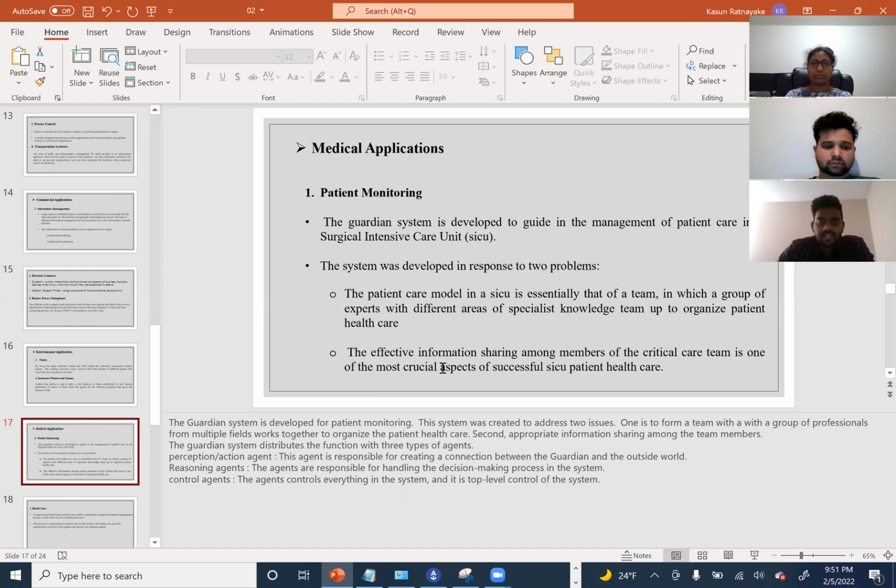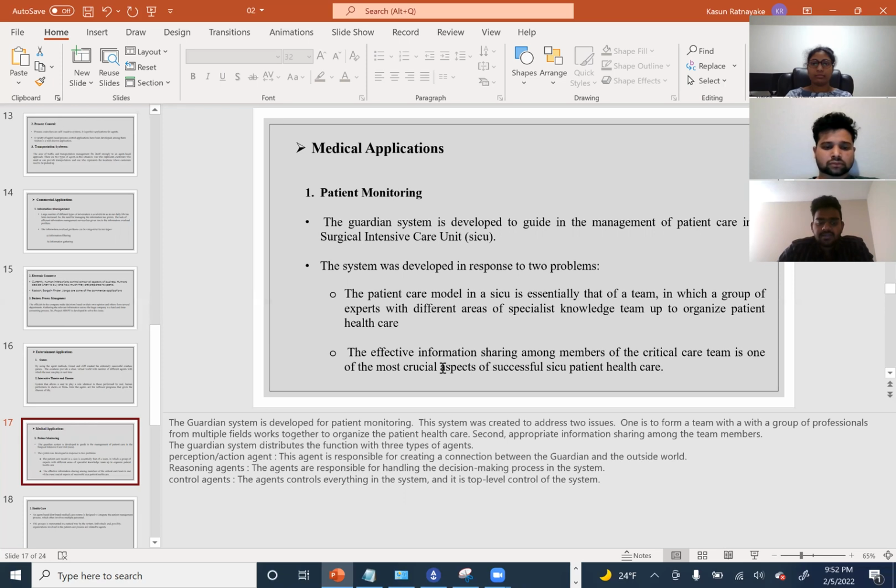In the patient monitoring applications, the Guardian system is developed for patient monitoring. The system was created to address two issues. One is to form a team with a group of professionals from multiple fields who work together to organize the patient healthcare. And the second one is appropriate information sharing among the team members.